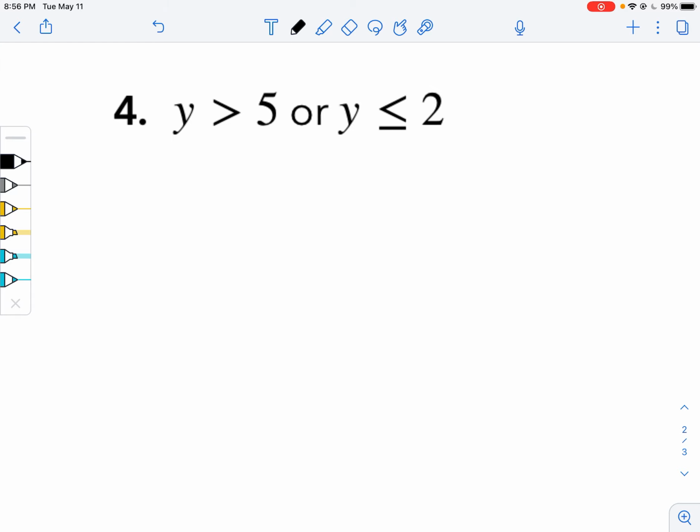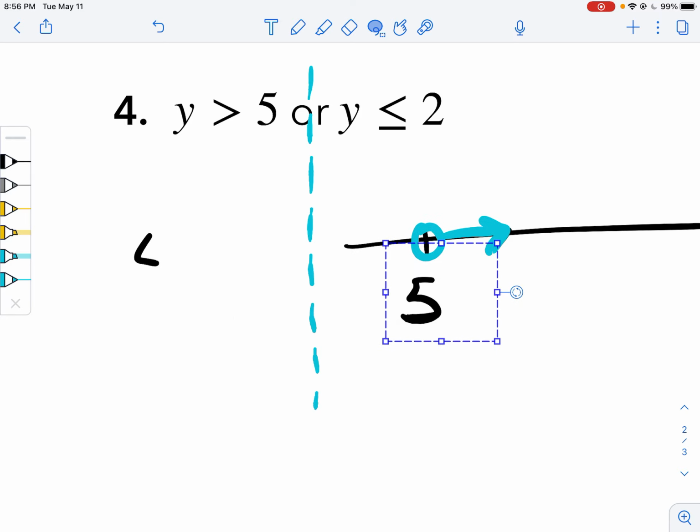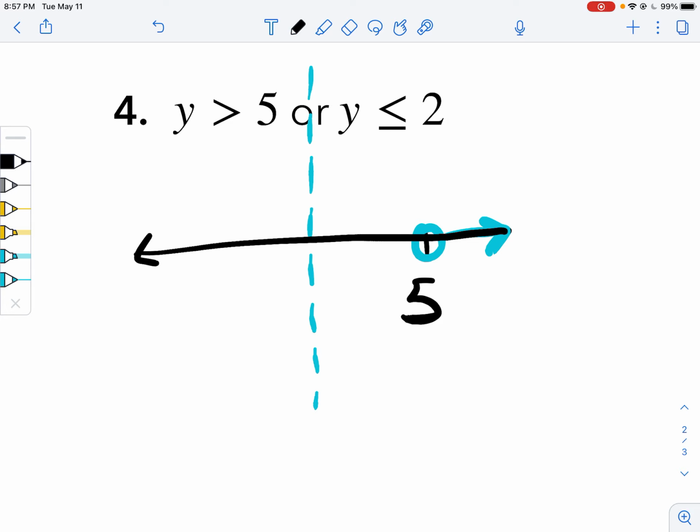Now let's look at an or one. Again, you're going to split it up and just graph this side of it. If we've got y is greater than 5, then that's an open circle on 5, going up. Oh, and then y is less than 2. We need to move this to the other side because 5 is over here. Good enough.